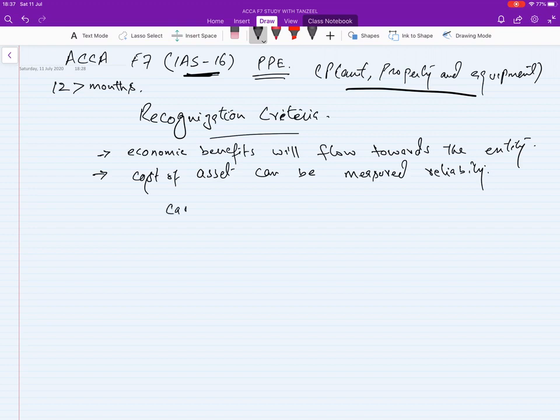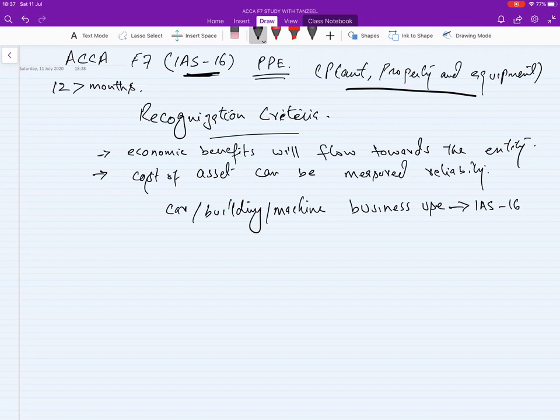If you have a car or building or property or machine for business use, it will be covered under IAS 16. So car, building and machine for business use will be covered under IAS 16.